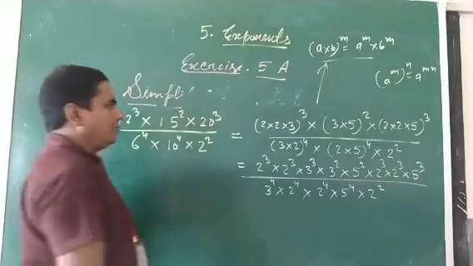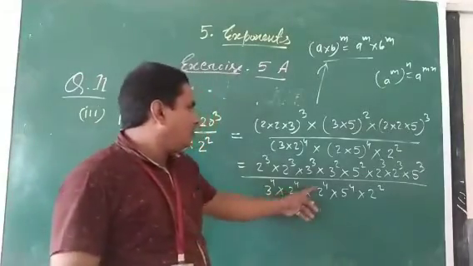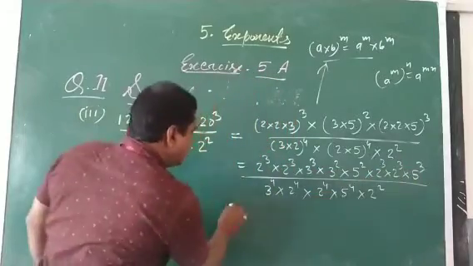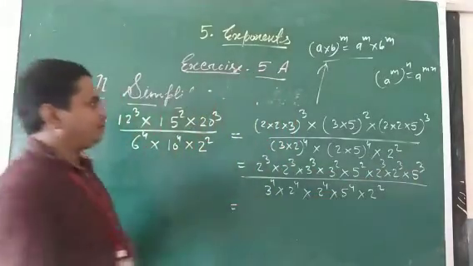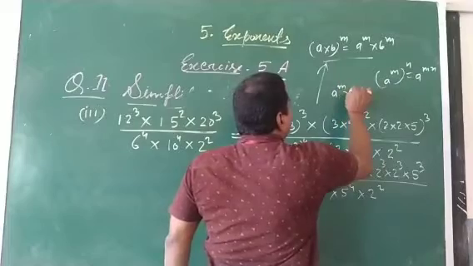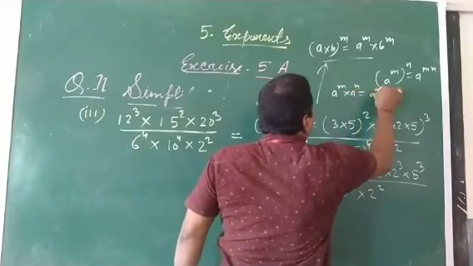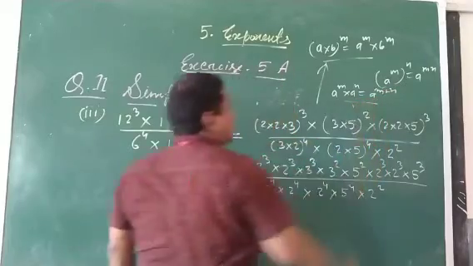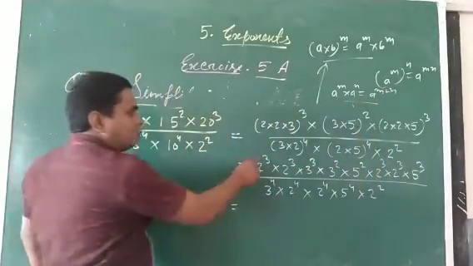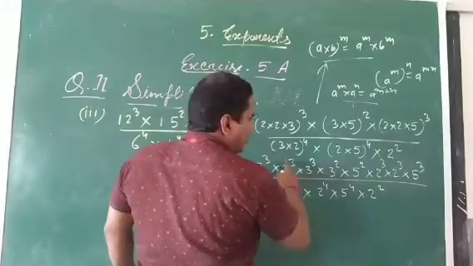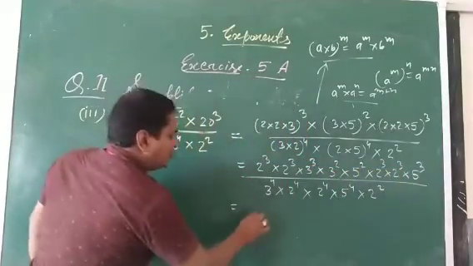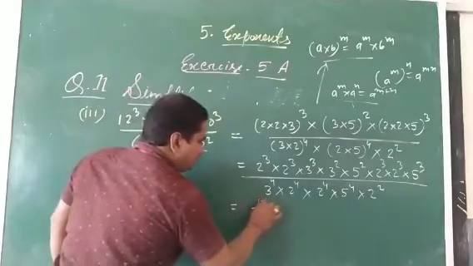Clear? So here 2 to the power 4, 2 to the power 4, but here 2 to the power 3, 3, 3. So you can now use this rule: a power m into a power n is a power m plus n. Use this rule. So 2 power 3, 2 power 3, 2 power 3, 2 power 3 gives 2 power 12.